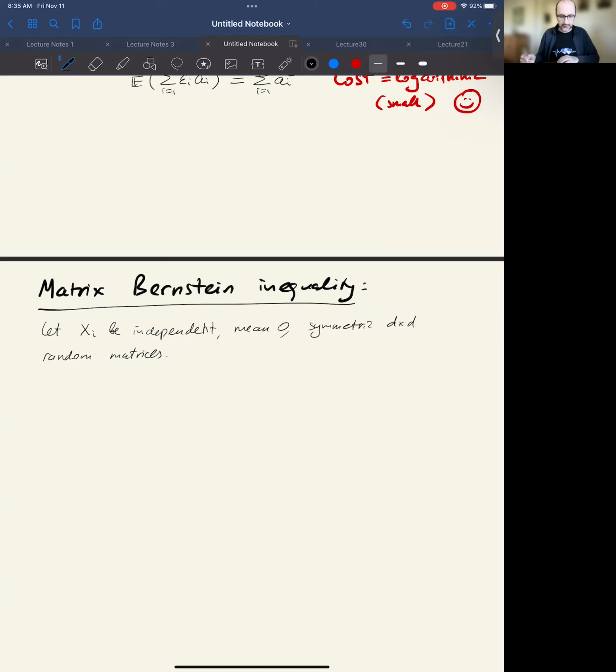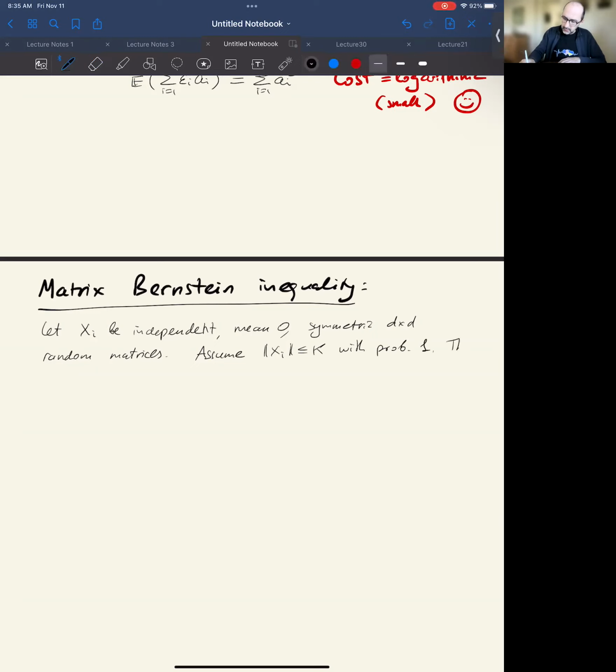In Bernstein's inequality, there were just random variables. We assumed that they are sub-exponential, but this time let's do it simpler. Let's assume that they're just bounded, let's say by k, by some number, with probability 1. So assume they're always bounded.